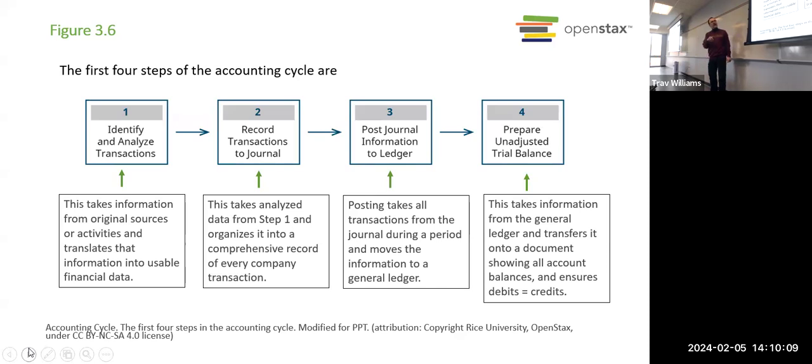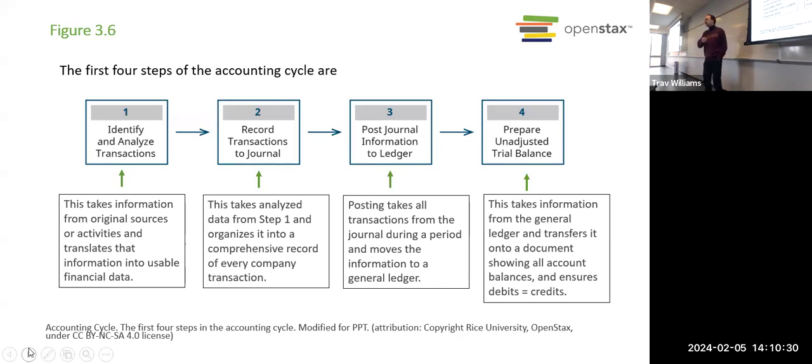But then we copy every transaction over to the ledger. And what was different about the ledger? How are things organized in the ledger? By account. Every account has its own section of the ledger. So you can keep track of the balance of every account.